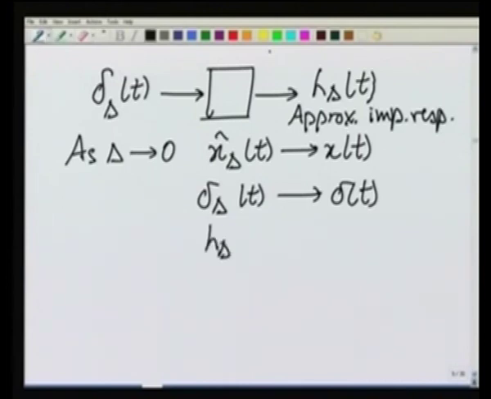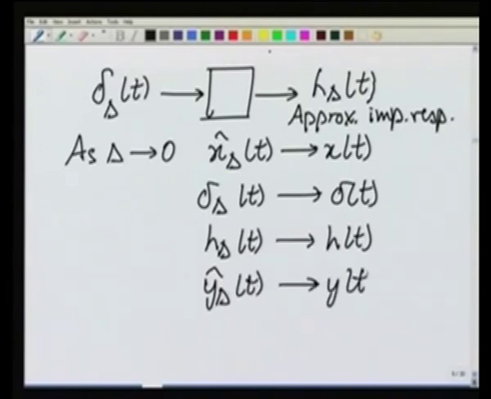The approximate impulse response h delta of t will become h(t), and because of all these changes and improvements, y hat delta of t will become y(t). So, this is what we will work towards.